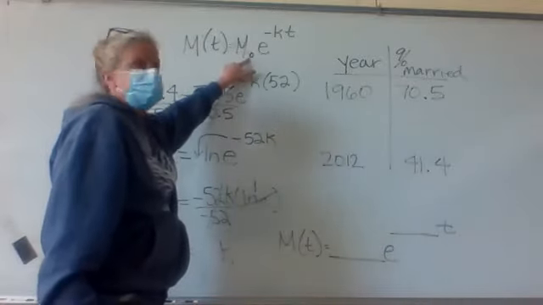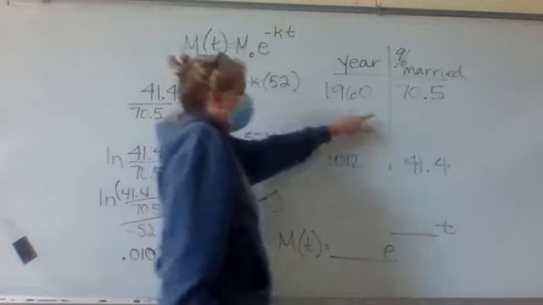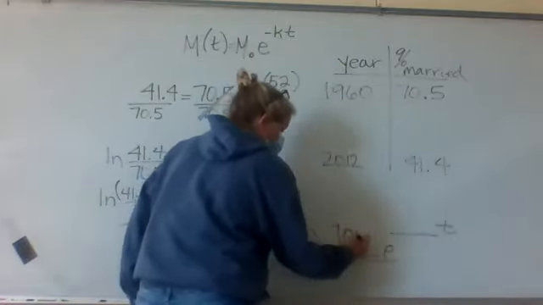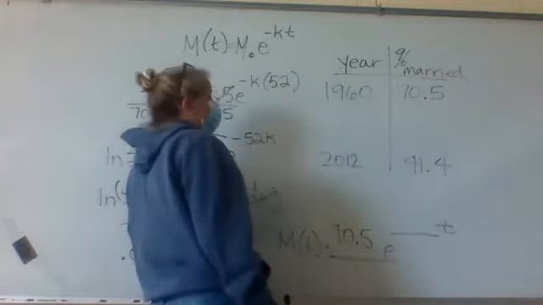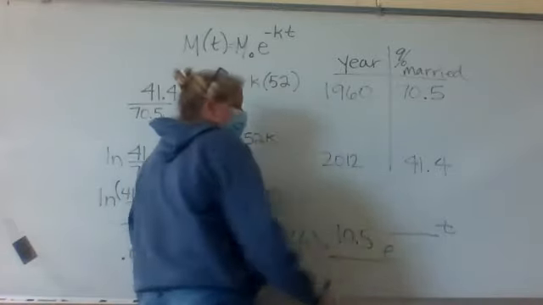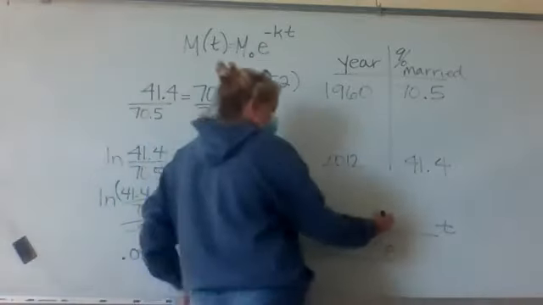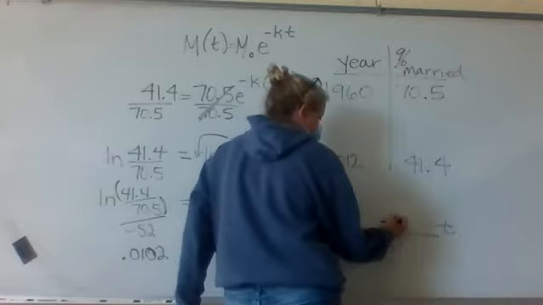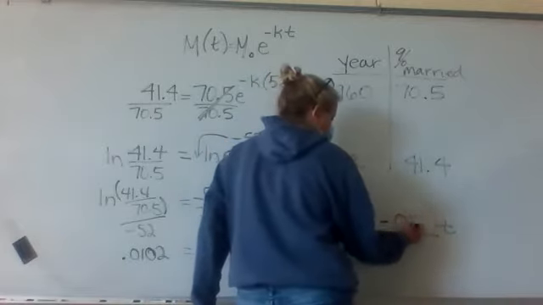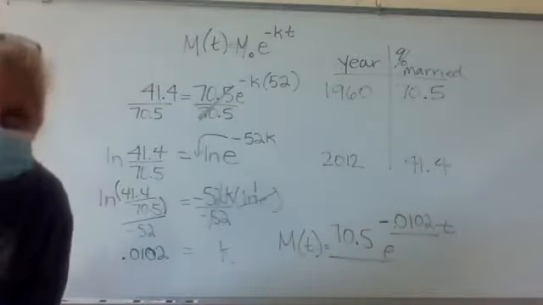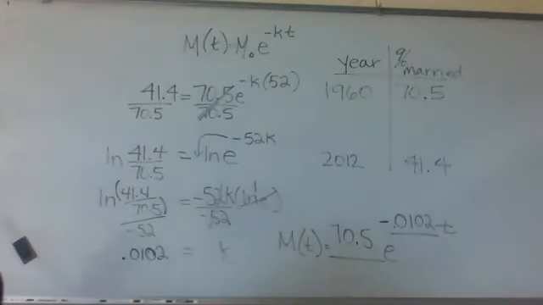The beginning amount. The beginning amount is 70.5 still. Now remember, what am I going to put in front of the K that I found? The K is 0.0102, but since we are decaying, I need to put negative 0.0102 T. So that's going to go in your second blanks.